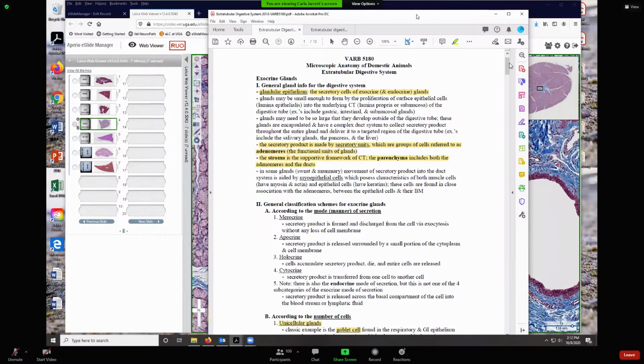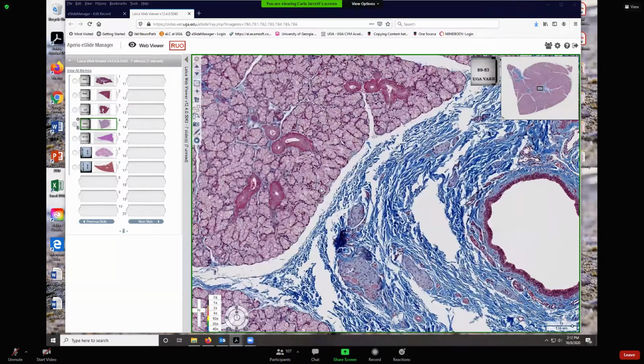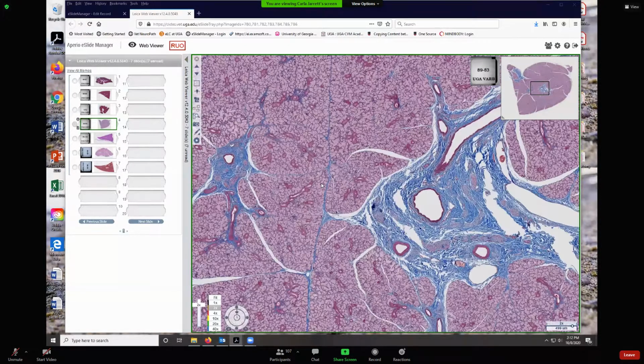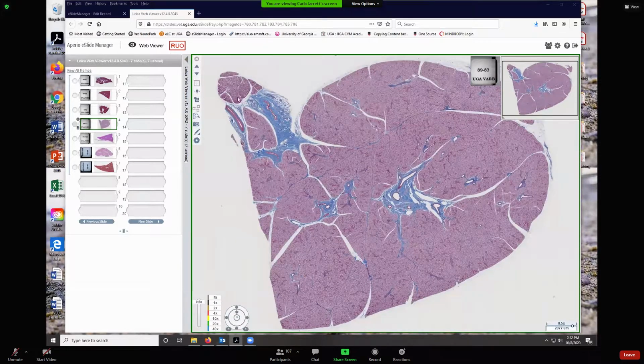So when you look at a gland, I'm going to zoom back out, okay? You'll see that the gland has a capsule, and we'll see that in gross anatomy. So you'll dissect that capsule, or you'll dissect the connective tissue away from the capsule of that gland. You've seen the lobes of the pancreas. Those are encapsulated, and it just so happens that the capsule of the pancreas is kind of clear.